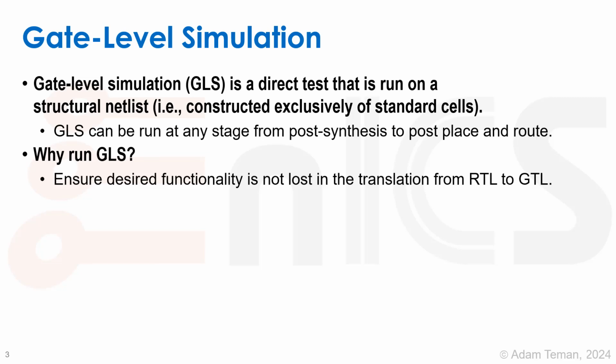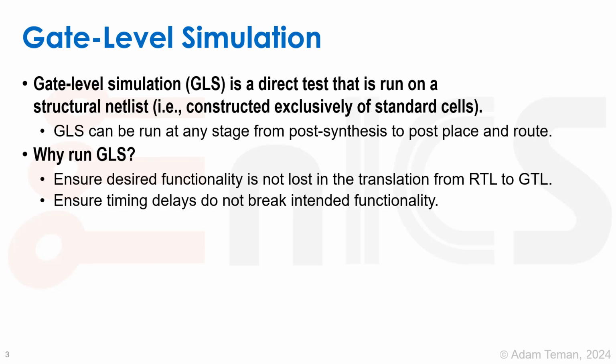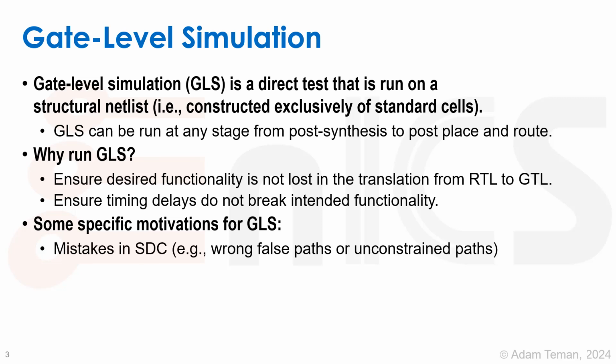Well, it can ensure desired functionality is not lost in the translation from RTL to gate level. And we can ensure that timing delays do not break the intended functionality. These seem kind of strange, but I'll give some specific motivations for that. First of all, if we make all kinds of mistakes or miswritten SDCs, then we can cause problems that will not show up in static timing analysis.